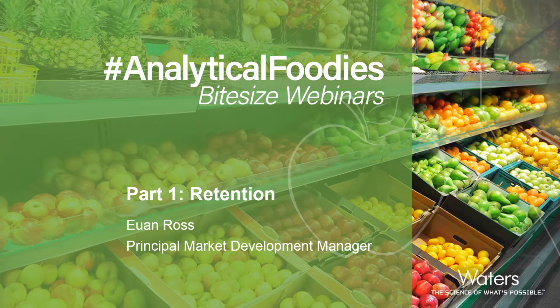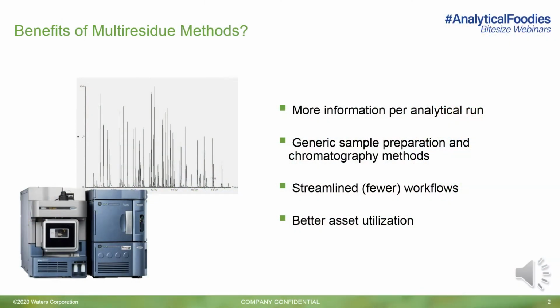So what is retention, and how much is enough? To get started, let's consider first some of the benefits of multi-residue analysis. What are the benefits of multi-residue methods for pesticide analysis? Well, they allow us to capture more information in a single analytical run, using a generic sample preparation and chromatography method.